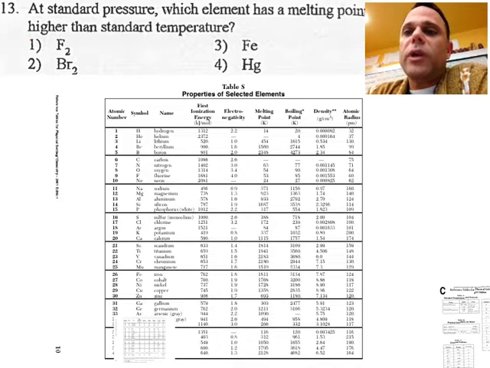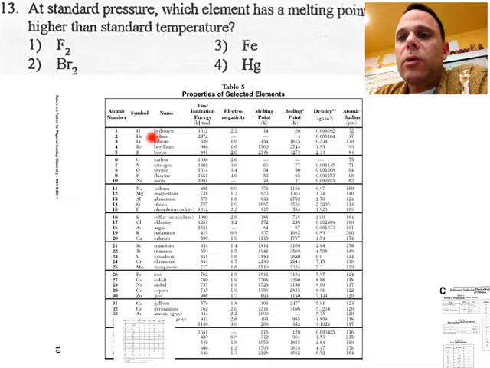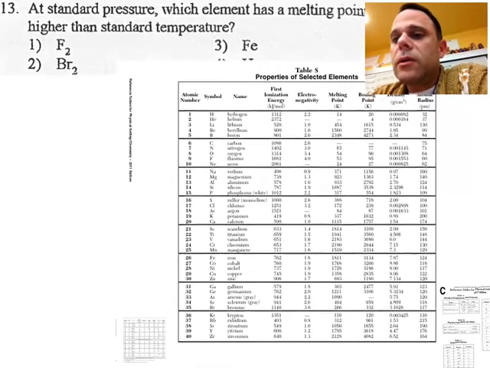Now, fluorine, F2, where are you? There you are. Melting point, 53. Is that above 273 Kelvin? That's the unit we're using. No. Bromine, where are you? There you are.